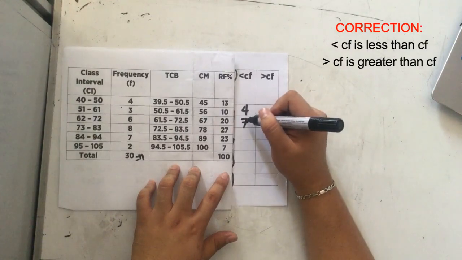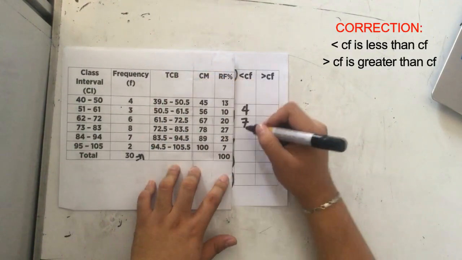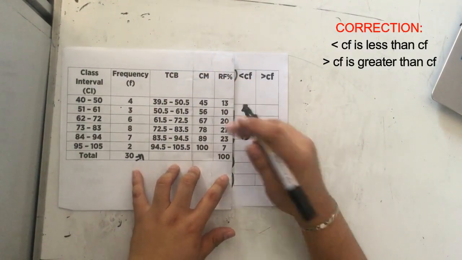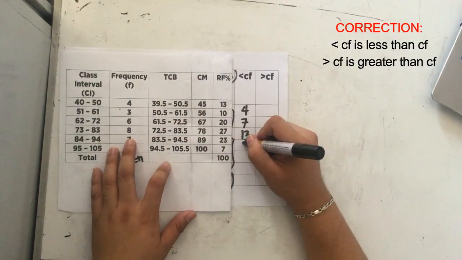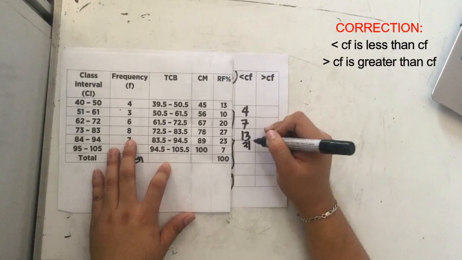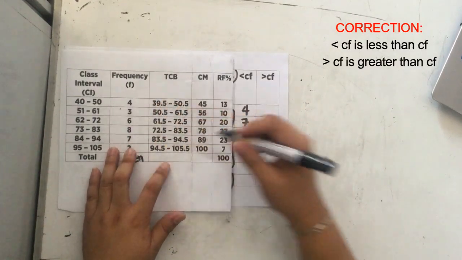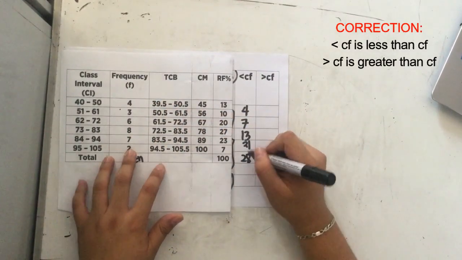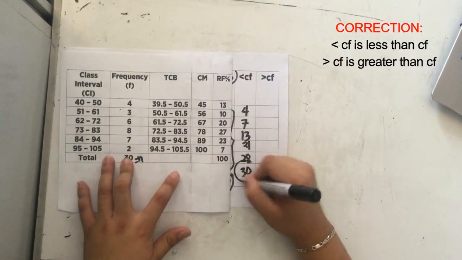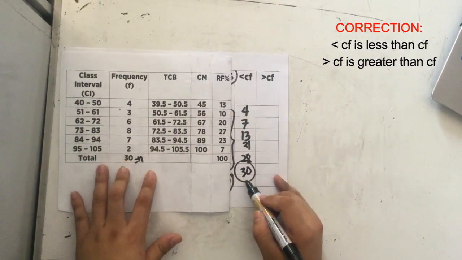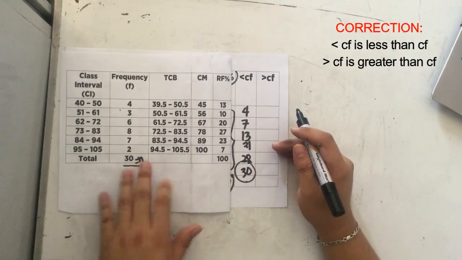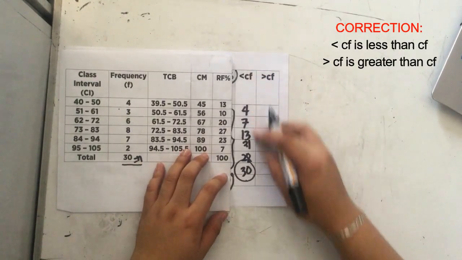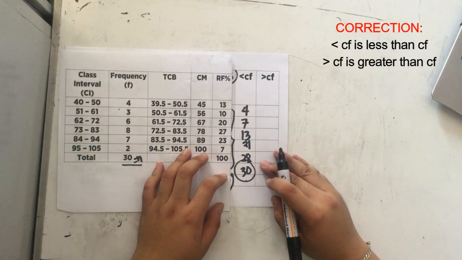Then 7 plus 6, we have 13. Tapos yung next ulit, 13 plus 8, you have 21. 21 plus 7, you get 28. 28 plus 2, you get 30. Kung mapapansin natin yung 30, dapat yun yung total number of observation mo, yung frequency. So you have your greater than cumulative frequency.